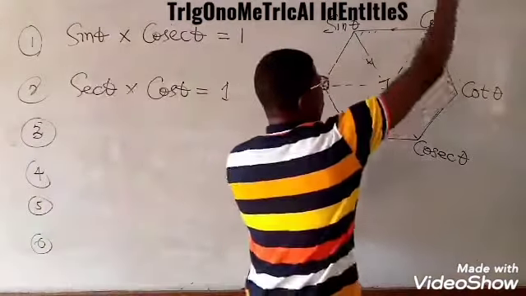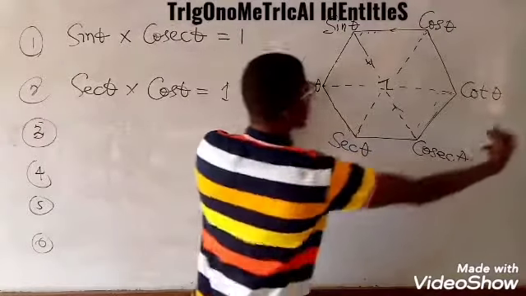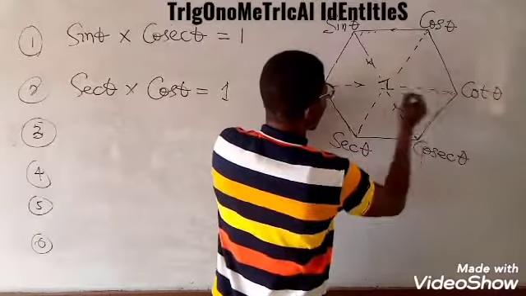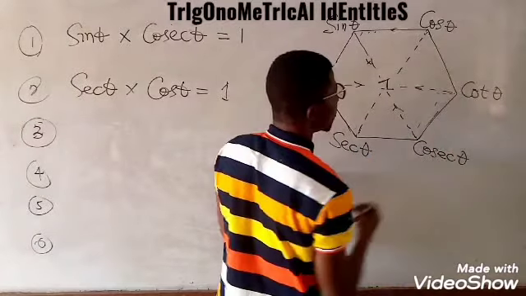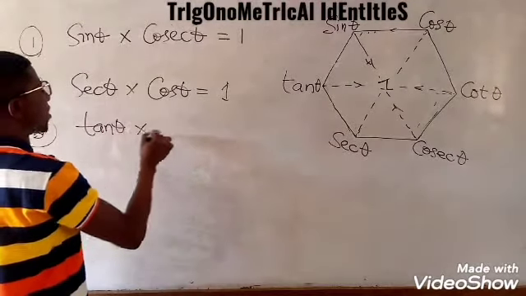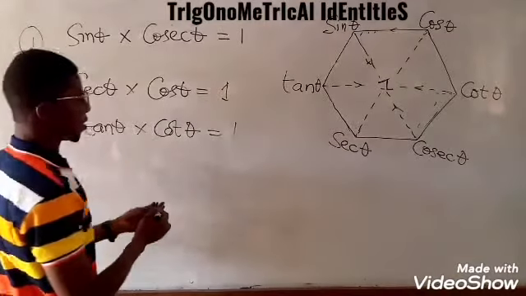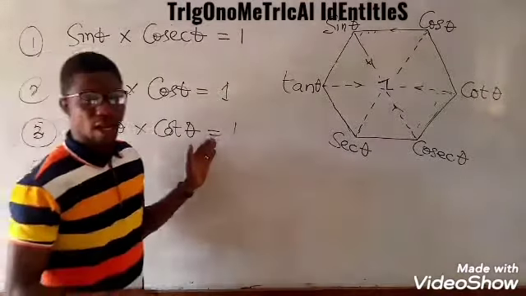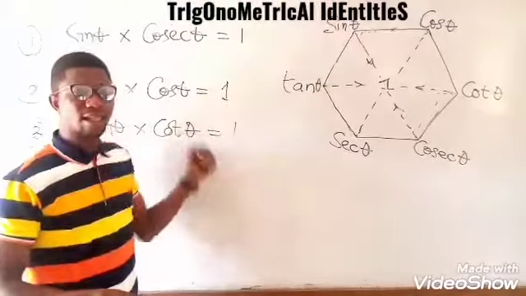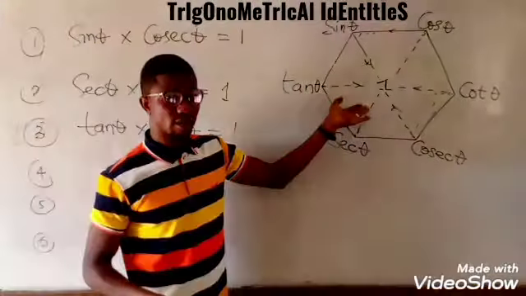When tan theta multiplies cot theta, the result is 1. So tan theta times cot theta is equal to 1. These are other identities that can still be generated using the super hexagon.